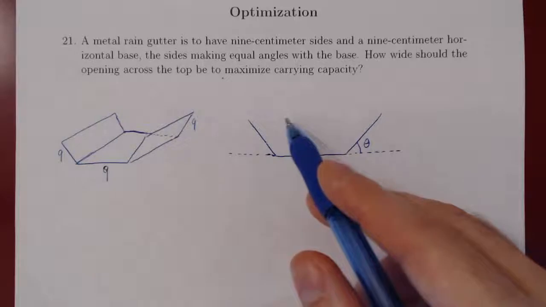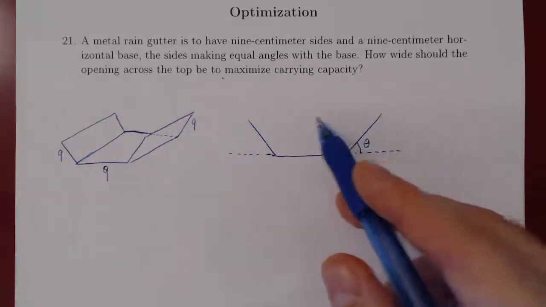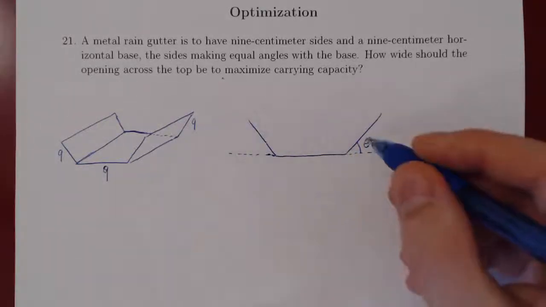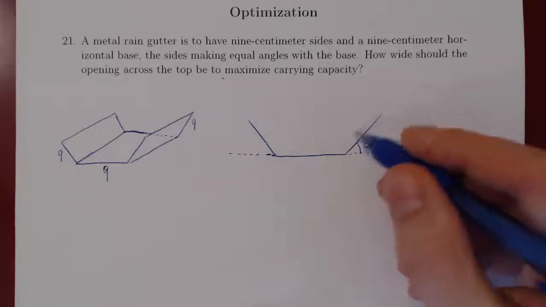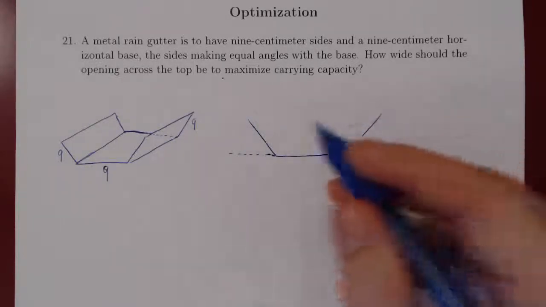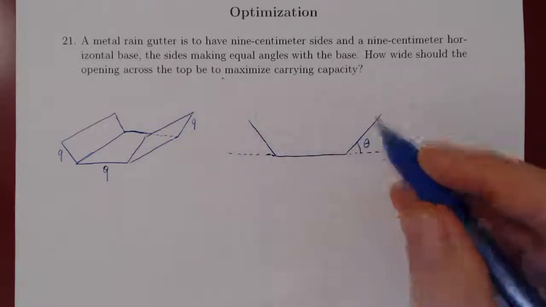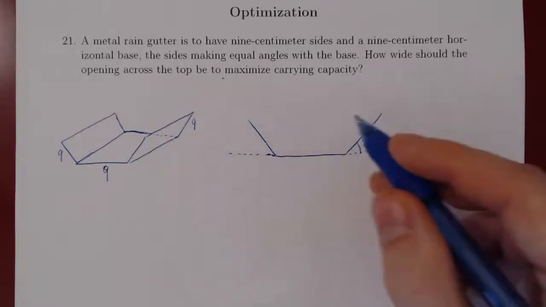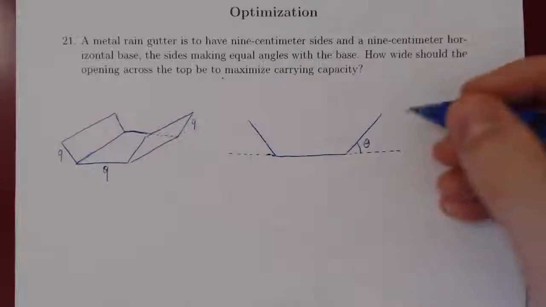This is this, right? This is the opening across the top. But as soon as we find the right choice of angle to maximize the area of the cross-section of our gutter, we will by the same token have found the length of the opening across the top. Okay.